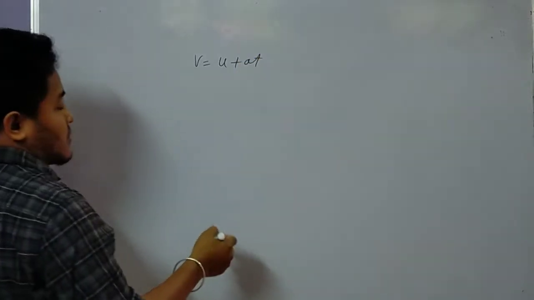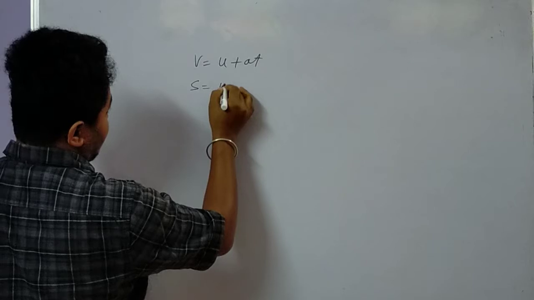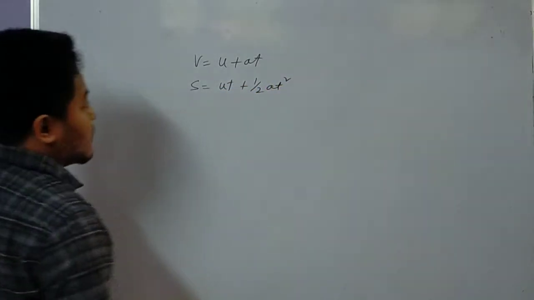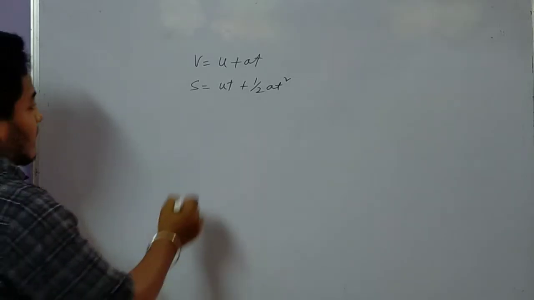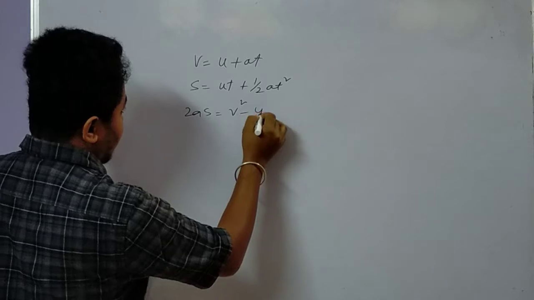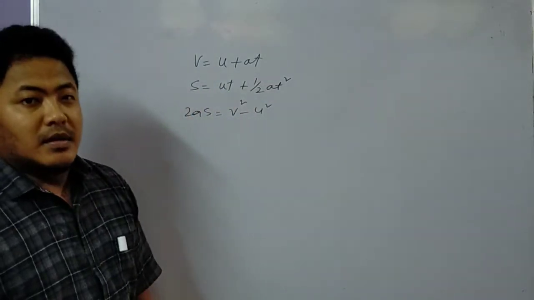The second is S is equal to UT plus a half of AT squared. Next is 2AS is equal to V square minus U square. These three equations you found in class 9, and hopefully you also proved them.